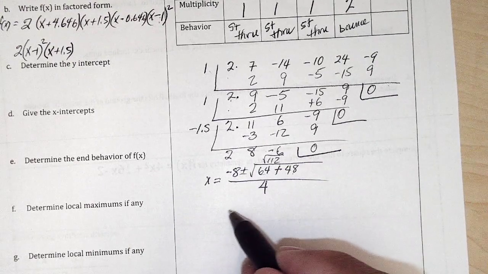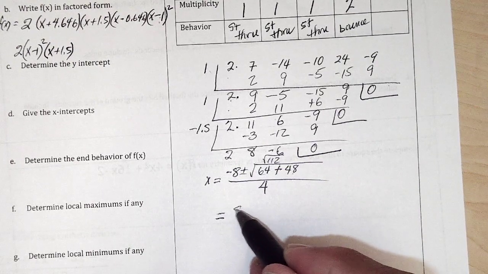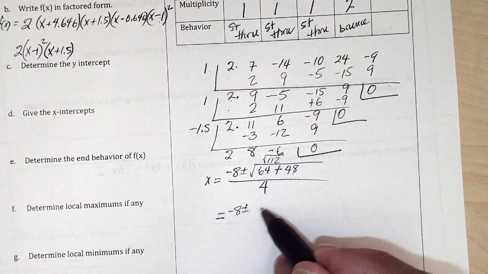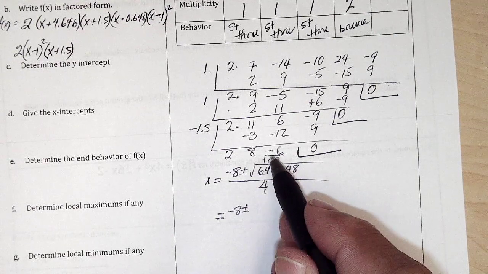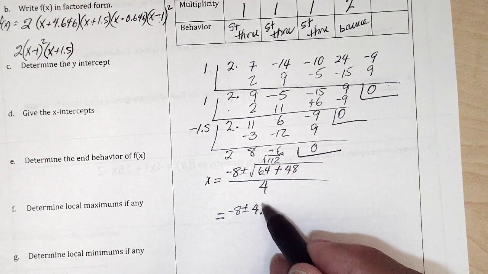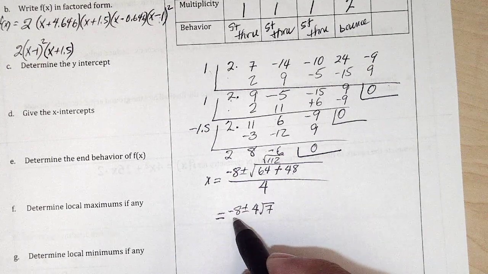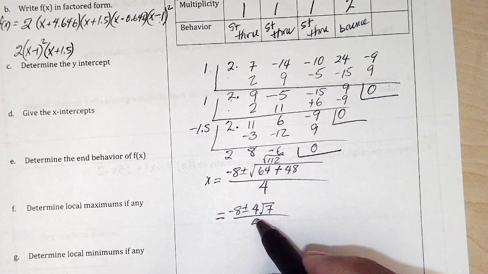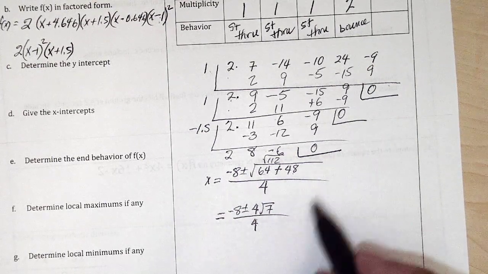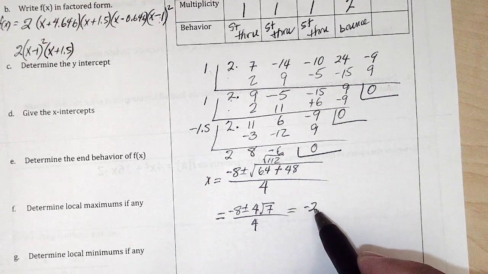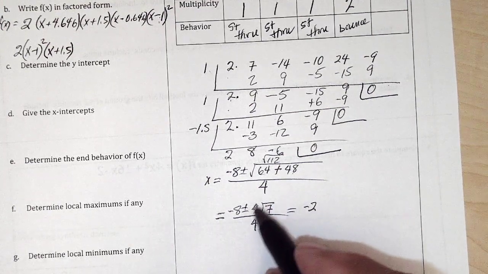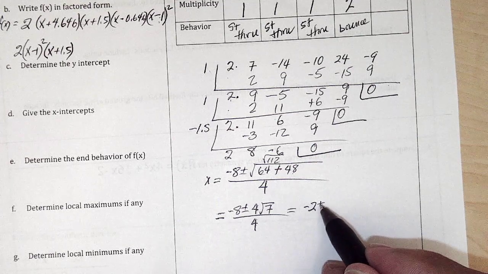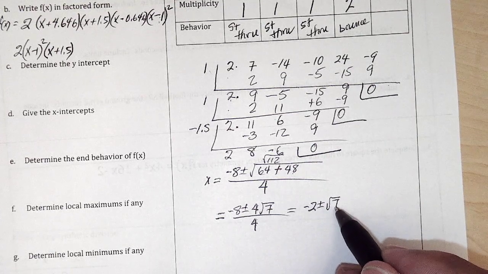So you don't have to reduce, but I'm going to. I've got negative 8 plus or minus square root of 16 is 4 times square root of 7 over 4. And 4 goes into there, makes negative 2. And 4 goes into this and makes plus or minus the square root of 7.